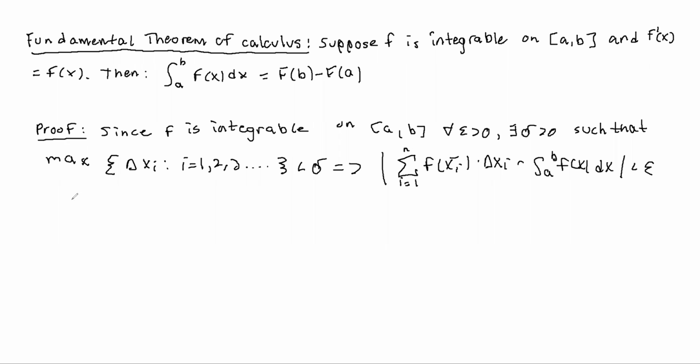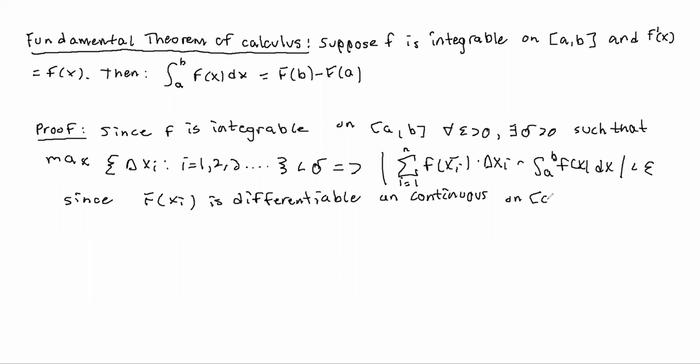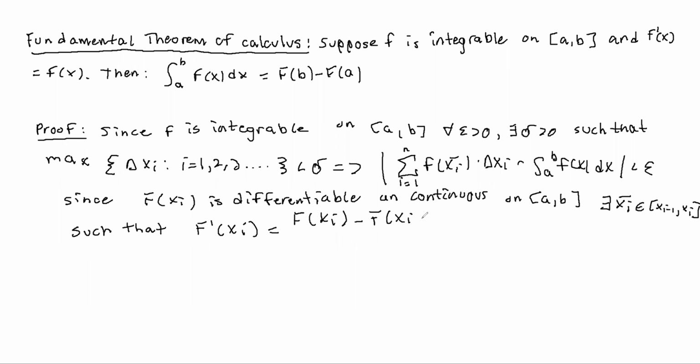So since capital F is differentiable and continuous on a to b, there exists an xi bar that resides in xi minus 1 to xi, such that F prime of xi bar equals F of xi minus F of xi minus 1 over xi minus xi minus 1. That is the mean value theorem, right?